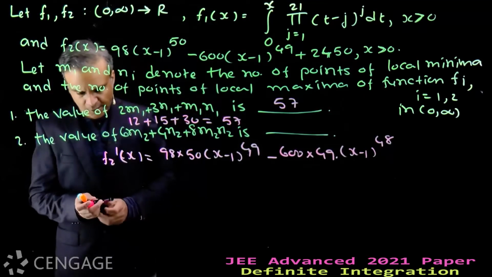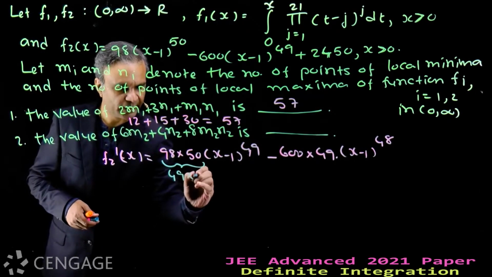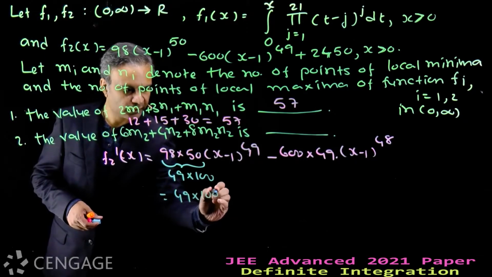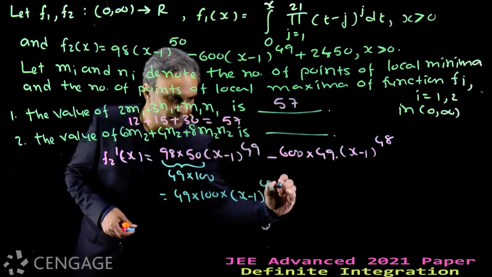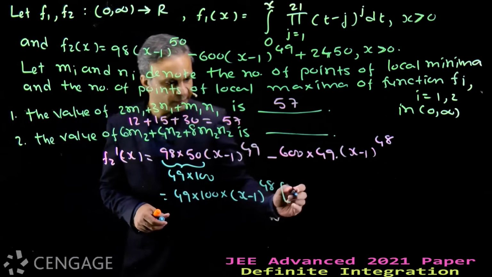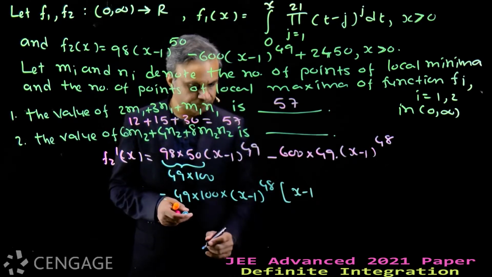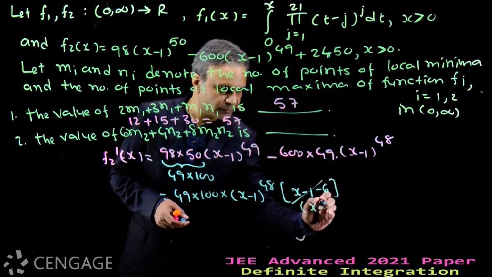Okay, now this is 49 into 100, so we can take 49 into 100 into (x minus 1) power 48 common. Inside the brackets we will have (x minus 1) minus 6, and this is (x minus 7).